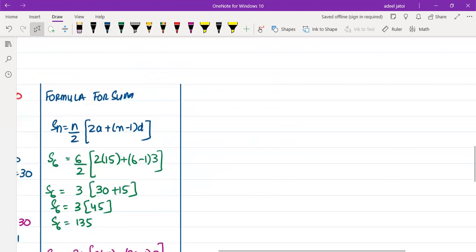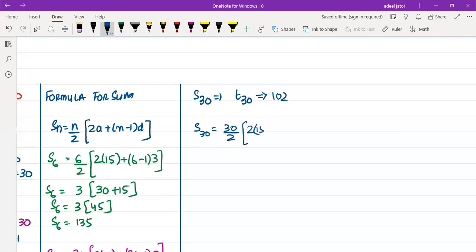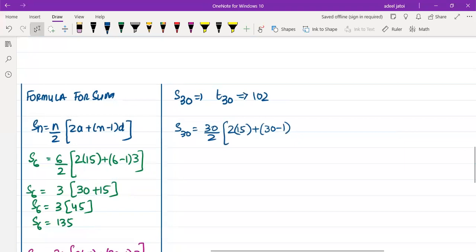Similar to the same question, you need to understand that if I want the sum of 30 terms, that means I need to have term 30 as well. And term 30 we already calculated. Term 30 was 102. So S30 is equal to 30 upon 2, 15 plus 30 minus 1 times 3.